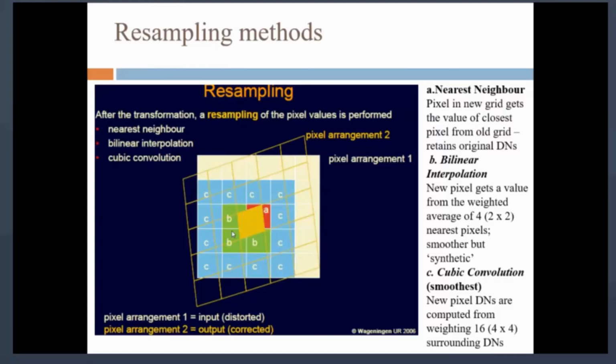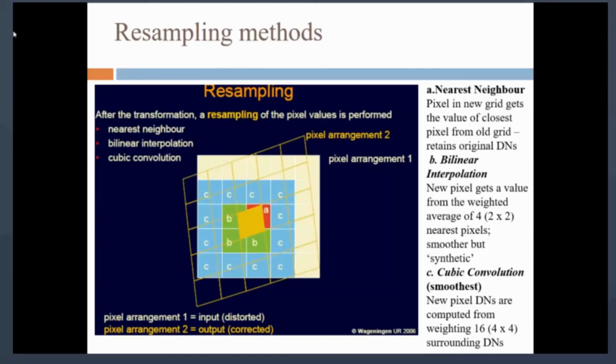So the value is closer to the actual DN values. The more neighboring information you keep adding, the smoother the image will be. So you have nearest neighbor, bilinear or cubic convolution approaches usually built into all the image pre-processing software. However, you can write a model of your own also.